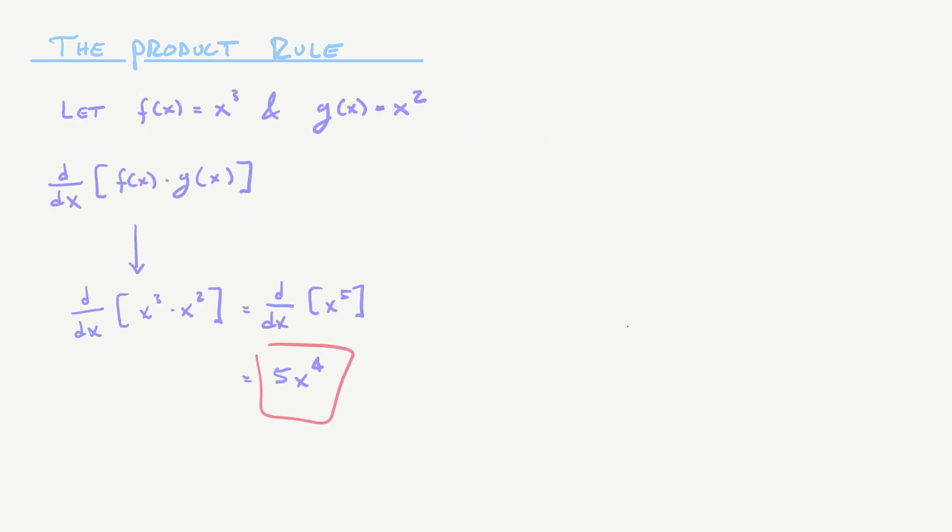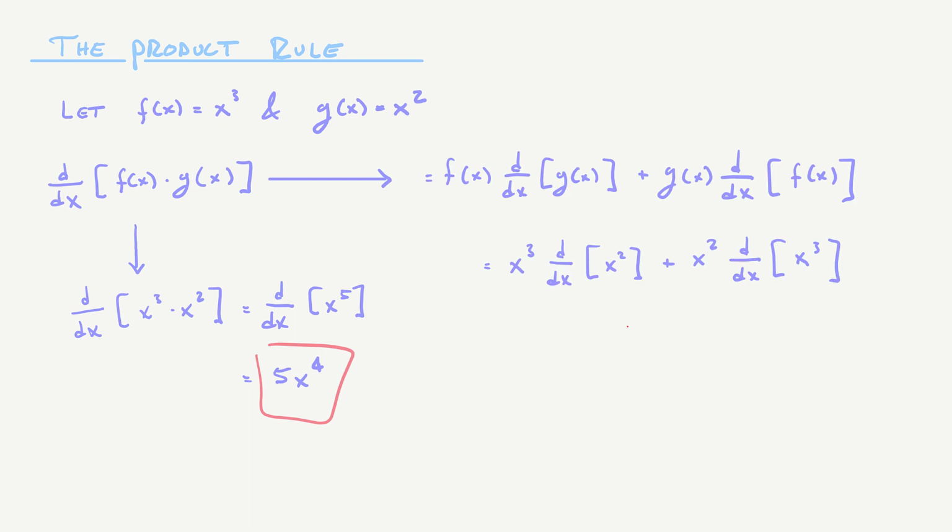So if we go back to the derivative that we looked at the very beginning, the proper way to do this would be to just apply the product rule. So f of x times the derivative of g plus g of x times the derivative of f. F of x is x cubed. The derivative of x squared is what I'm multiplying that by, and then I'm adding g of x, which is x squared, times the derivative of f of x.